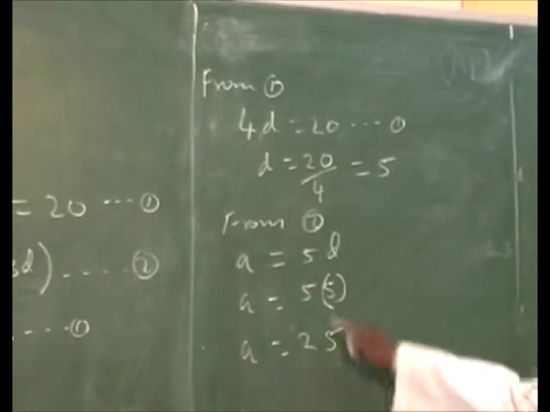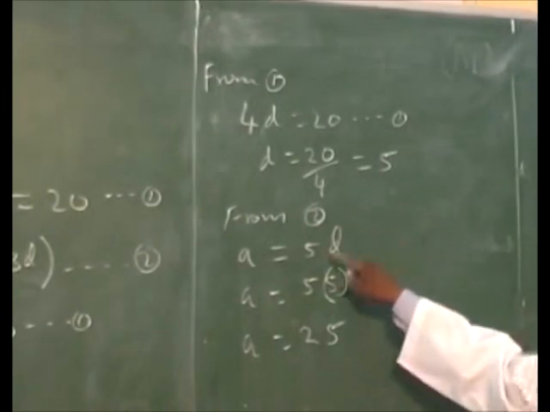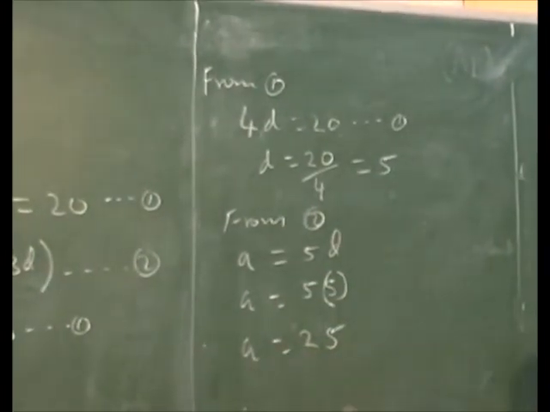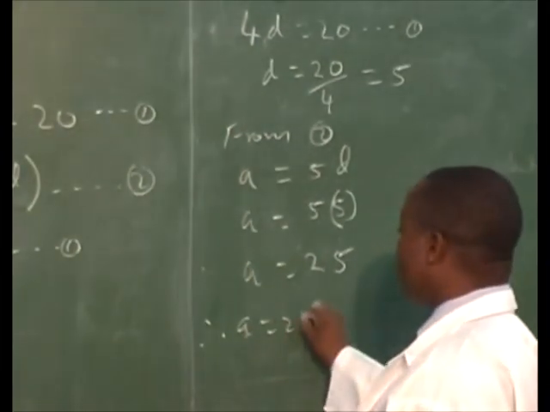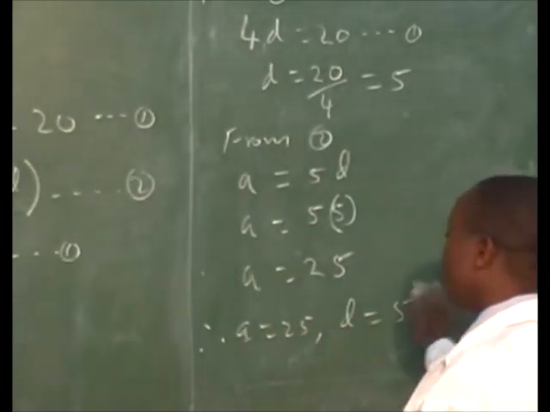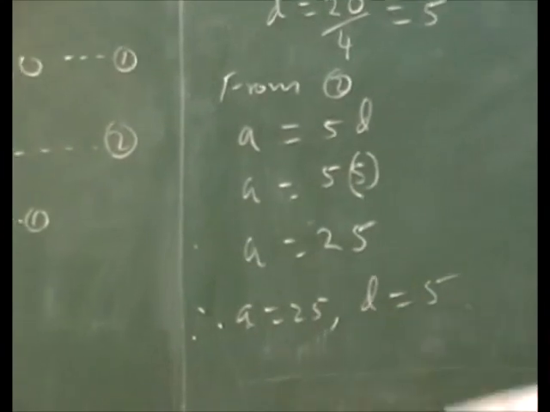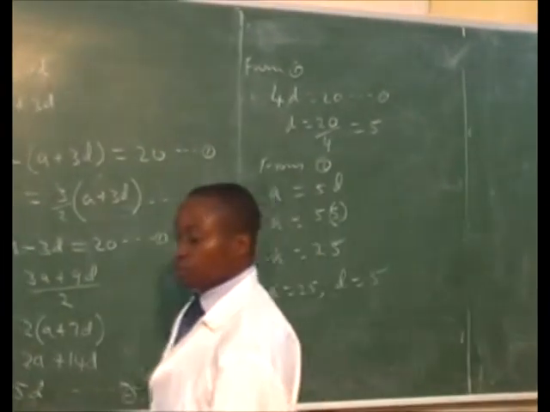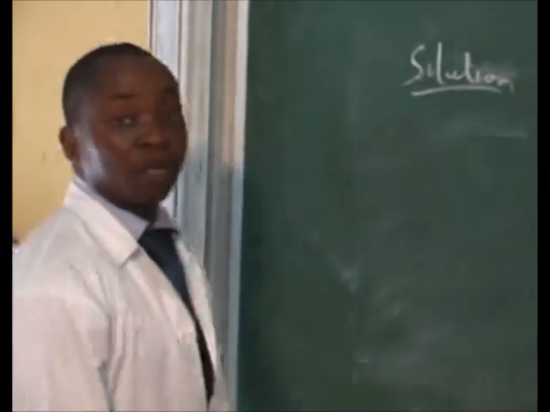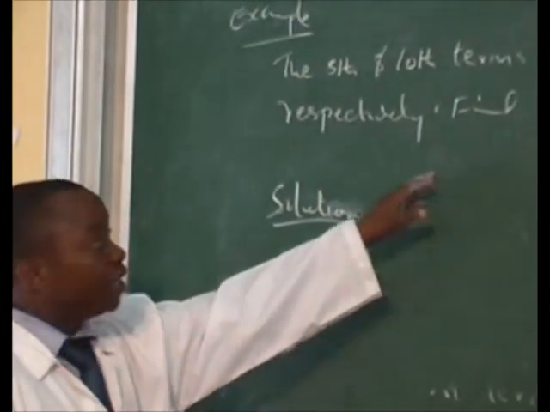So we have got D equal to 5, and we also have that A is equal to 25. Therefore, A is equal to 25 and D is equal to 5. These are the ways we can solve it. It's so simple. Okay, so let's look at another example.